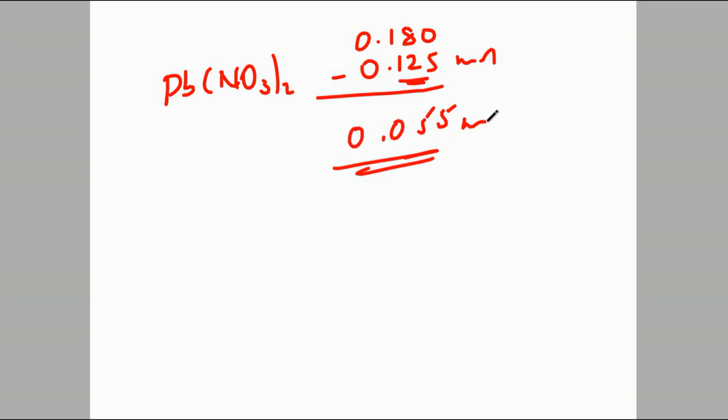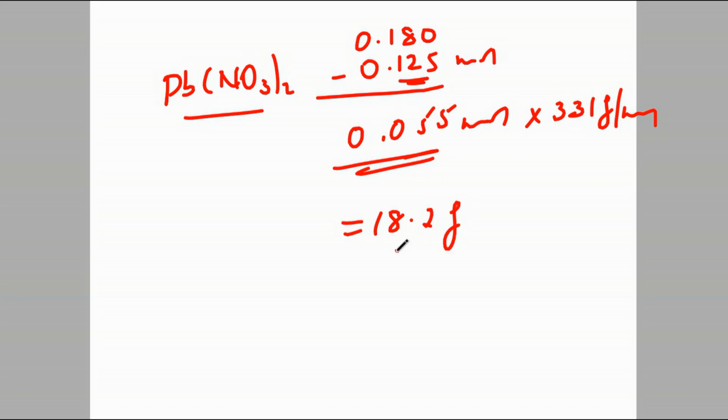So this much mole is left over. So we have to convert this to what? To mass. And multiply this by what? By its molar mass, which is 331 gram per mole. So if you solve this, 18.2 grams of lead 2 nitrate is the leftover amount.